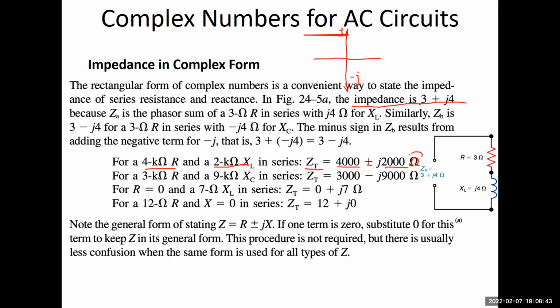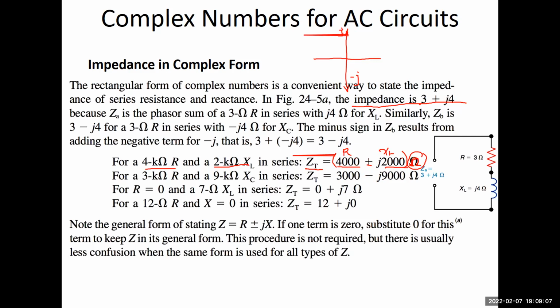So isa na lang yung unit of measure, yung ohms. Okay? Because this is one whole term of impedance, meaning this is your R and this is your XL. R and XL are measured in ohms, kaya iisa lang yung ating symbol na ginagamit doon sa dulo, which is ohms.